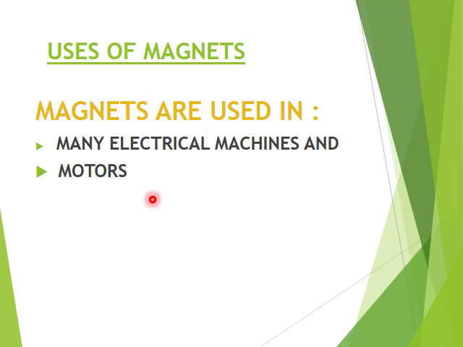Electromagnets are used to pick up scrap iron and steel in a scrap yard. They are also used in electric bells and in the doors of refrigerators and freezers. So there are a number of uses of magnets.